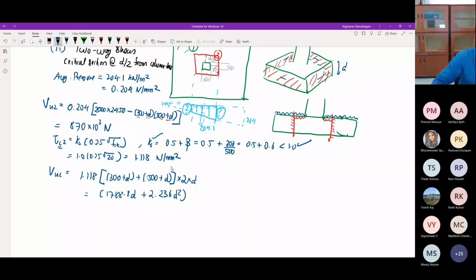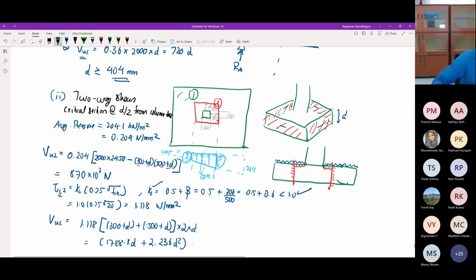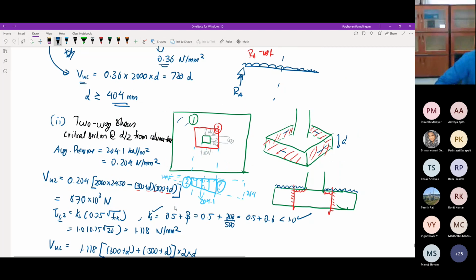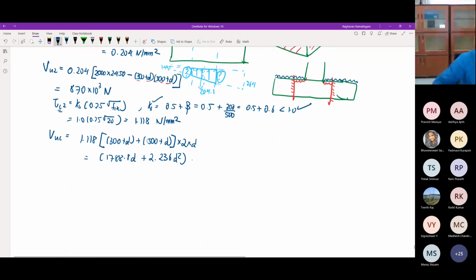Okay, and this will be compared with this 870 which you have. Another thing you can do is compare this and this and calculate D. Alternatively, you already found D for one-way shear, so try substituting this into this equation and see whether it is coming more than 870.